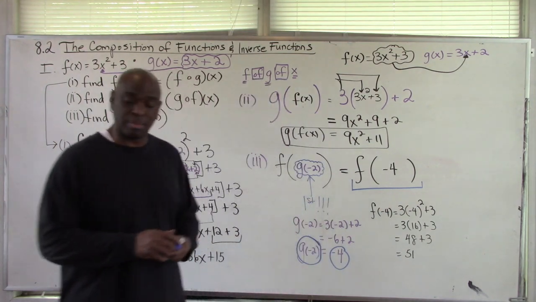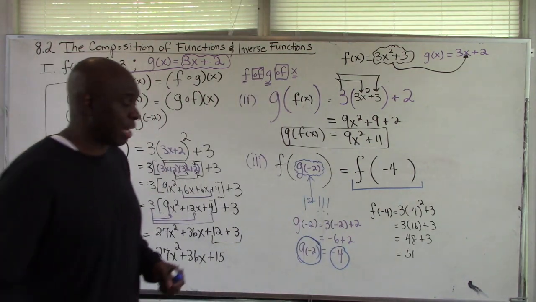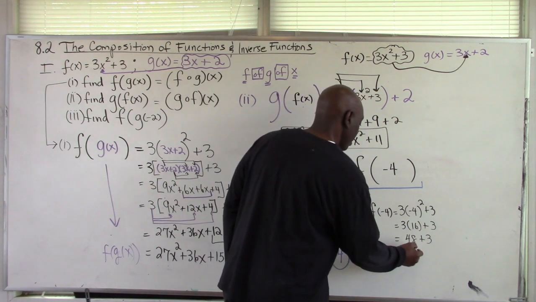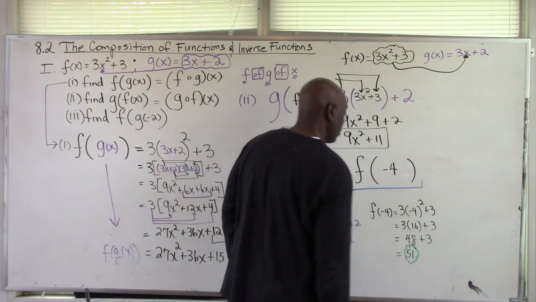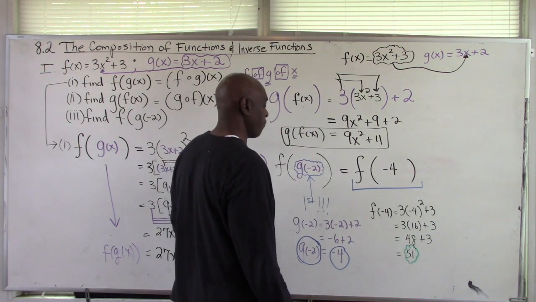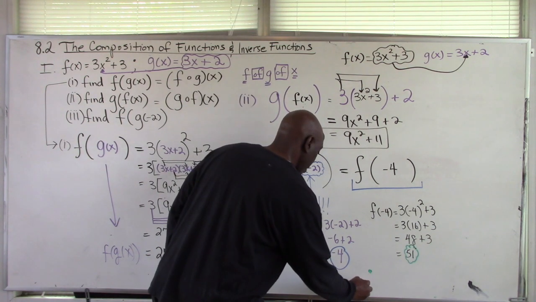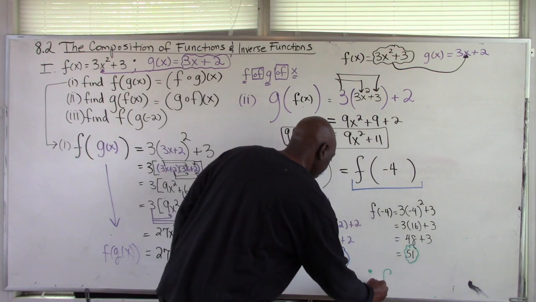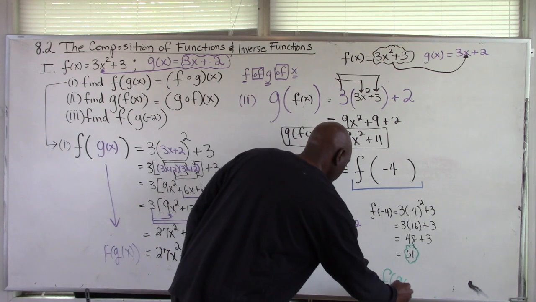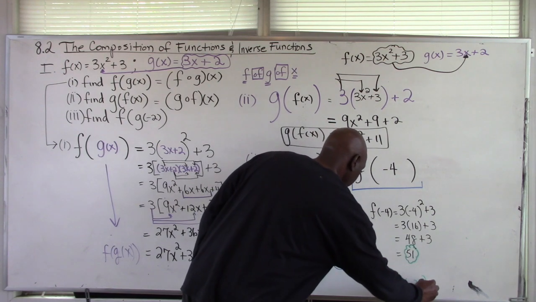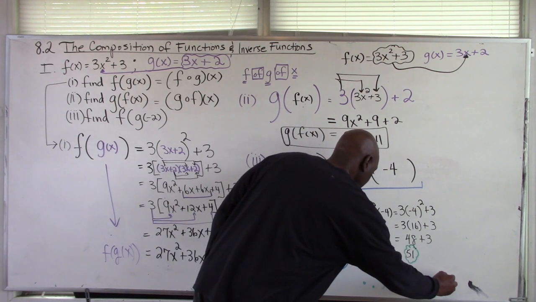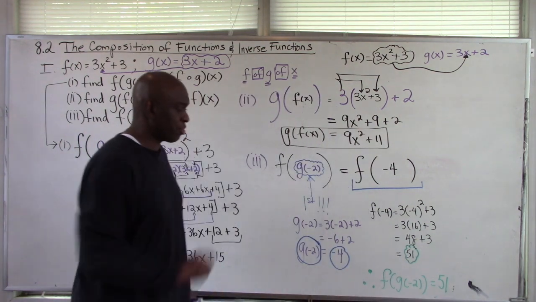And that, ladies and gentlemen, is the answer to the whole problem. Our answer is 51. Therefore, f of g of negative 2 equals 51. There's your answer.